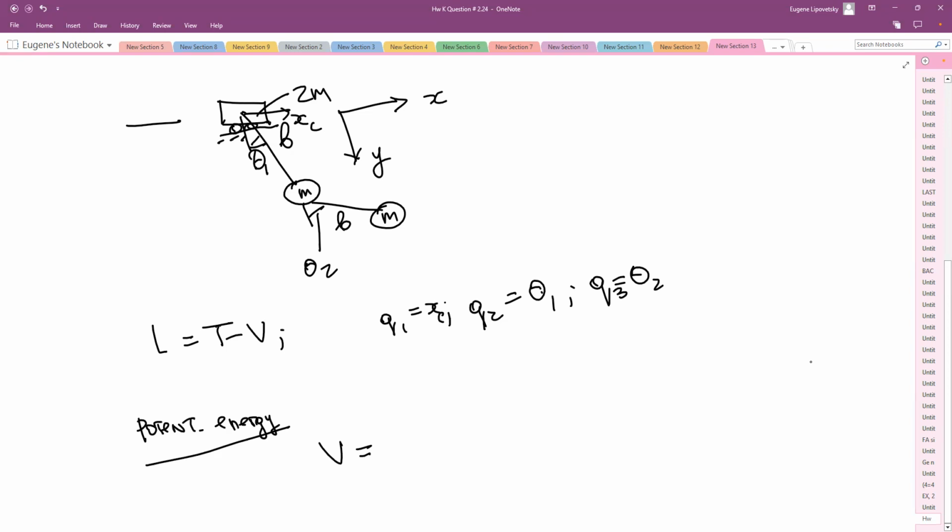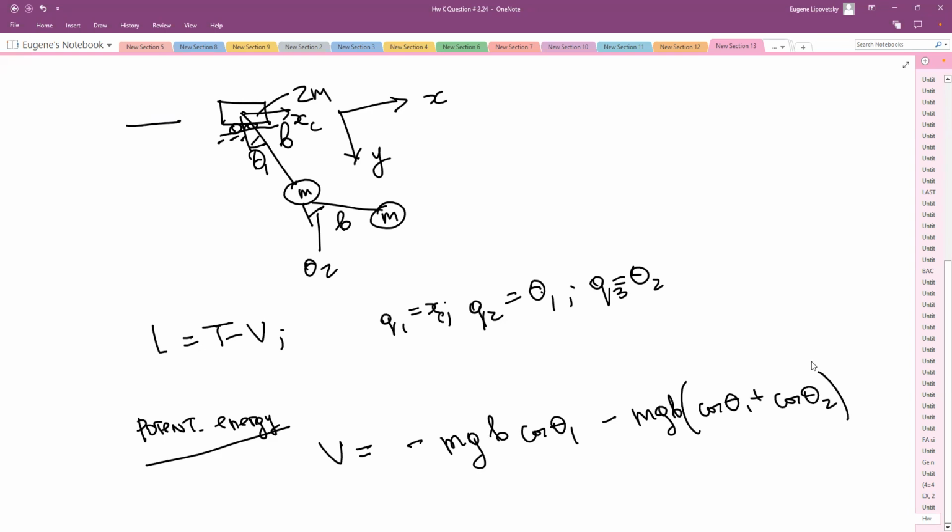It's going to be minus mg B cos of theta 1. That's for this mass. Minus mg, and the vertical coordinate will be B cos of theta 1 plus cos of theta 2.